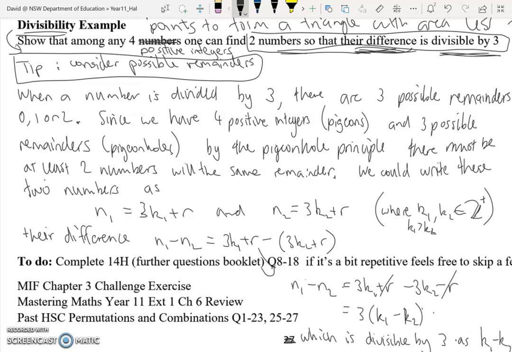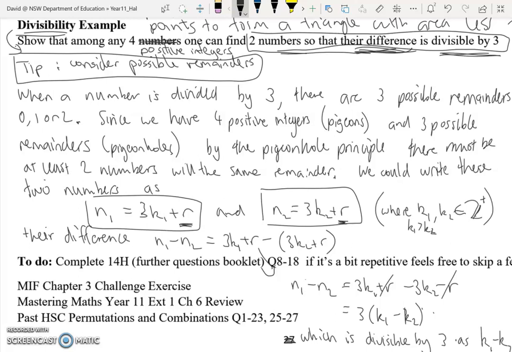So we're going to write the numbers like this. n1 is one of the numbers, n2 is another one of the numbers. We've got 3 times a constant plus the remainder. So the 3 is the divisor essentially, k1 and k2 are the quotients, and we're adding the same remainder because both n1 and n2 have the same remainder.